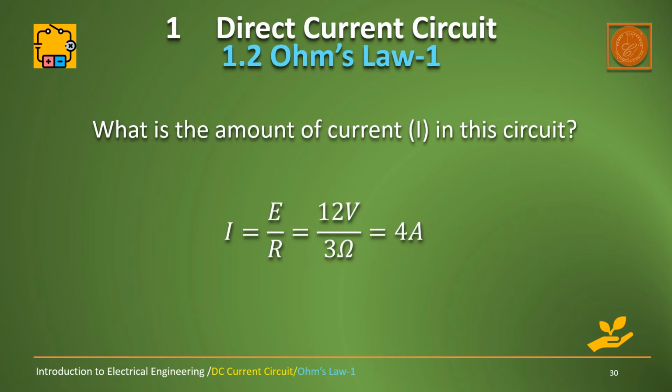What is the amount of current I in this circuit? We can use this formula: I equals E divided by R, which is 12 volts divided by 3 ohms, equal to 4 amps. So the current in this circuit is 4 amps.